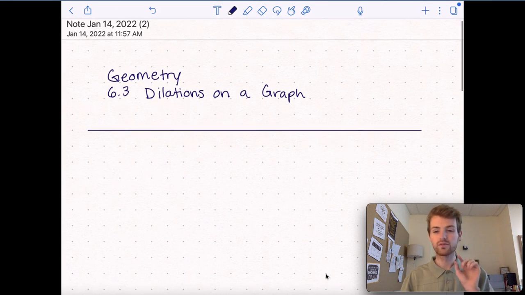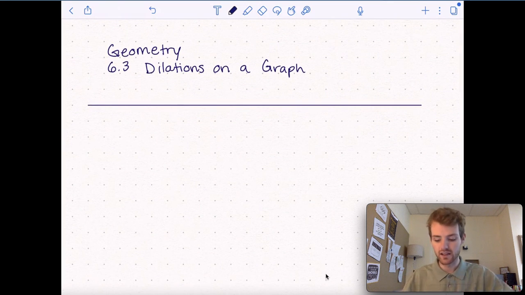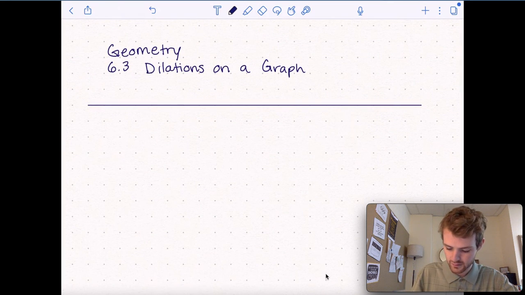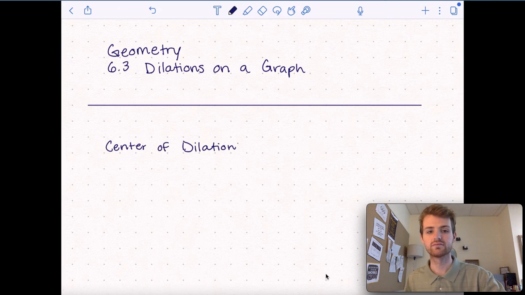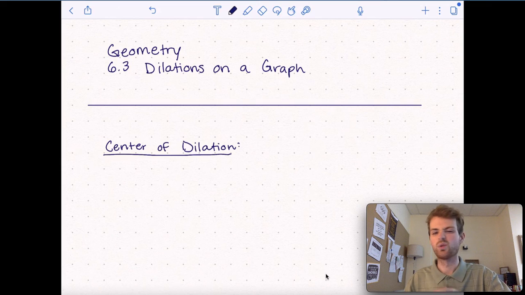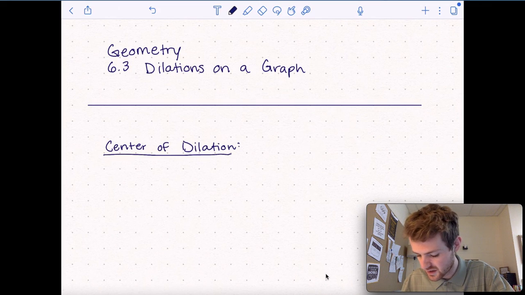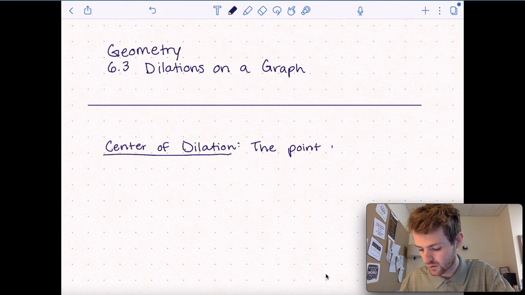To do that, we first need to discuss a couple of things. The first of which is the center of dilation. All this word means is that it tells us the point where a dilation starts.